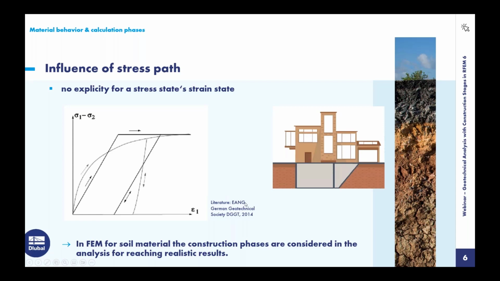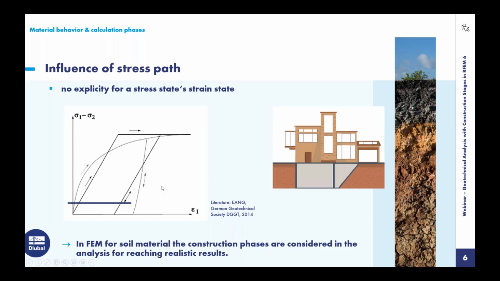What we can see easily is that if we have a look at an element that is placed here, the soil is surrounded by the weight of other soil, and its own weight. So there is already some stress on the soil. And as we see from that model, if the stress is changing, the stiffness is changing, so we need to consider the stress the element is in already, caused by the surrounding soil.